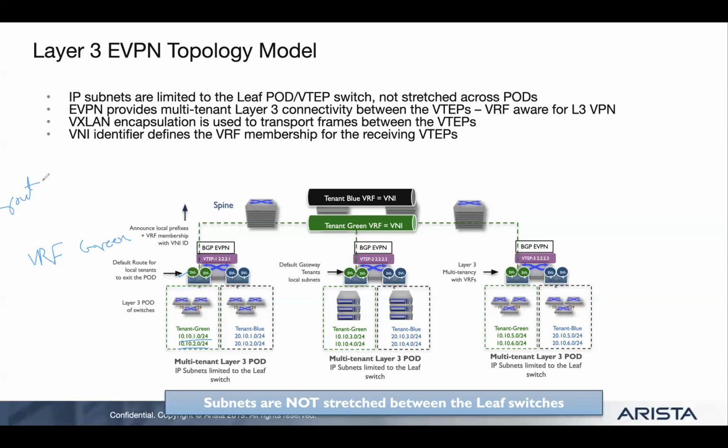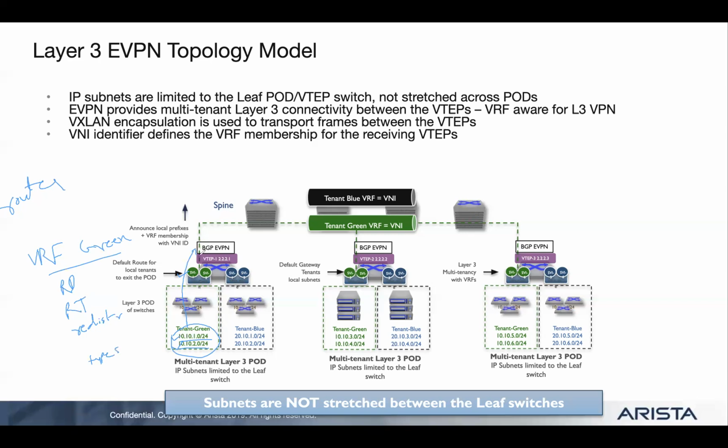So under router BGP, we have VRF green, and we configure route distinguisher and route target, and we also configure redistribute connected. So basically what will happen, these two are directly connected routes, so these two routes will be redistributed into EVPN. So we will generate a type 5 route for both of these.